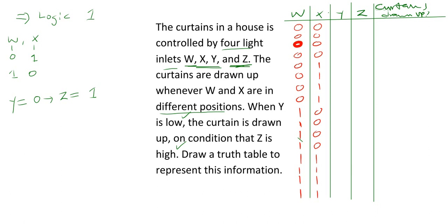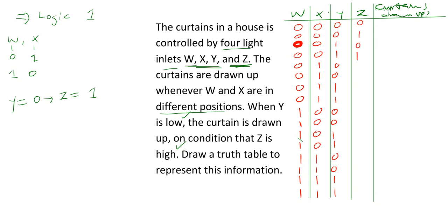Next, for Y, we alternate with 2 zeros, 2 ones: 0, 0, 1, 1, 0, 0, 1, 1, and so on. Then for Z, it is 0 1 0 1.